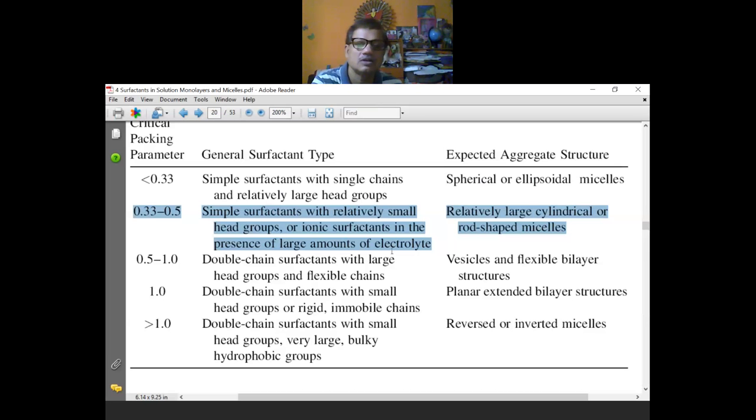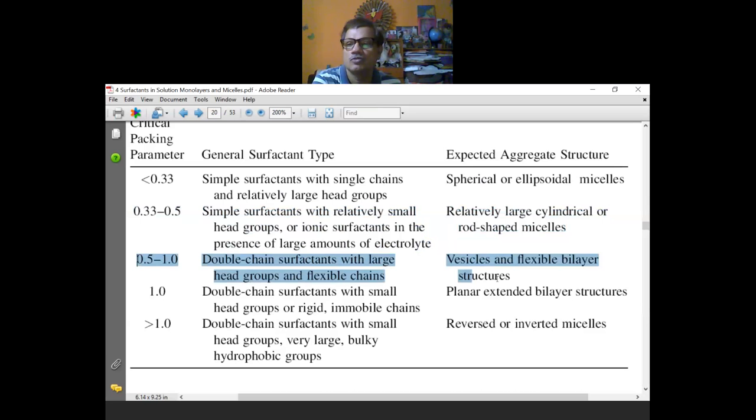The third category has a critical packing parameter value between 0.5 and 1. So they are double chain surfactants with a large head group, and the chains are flexible. They can be bigger or smaller.